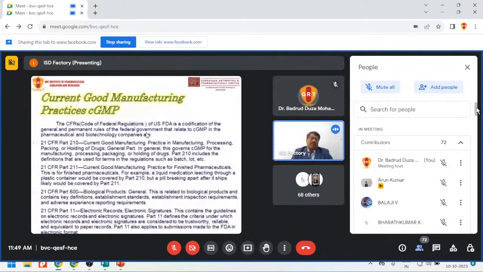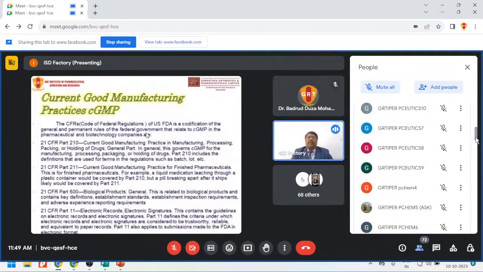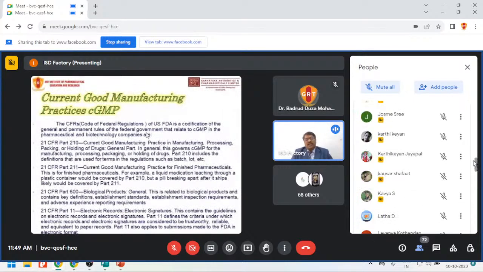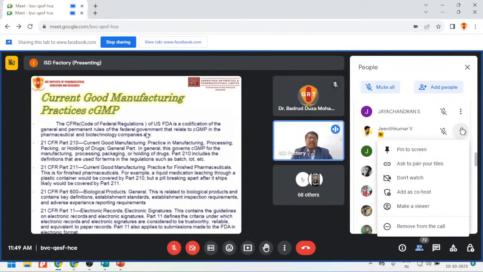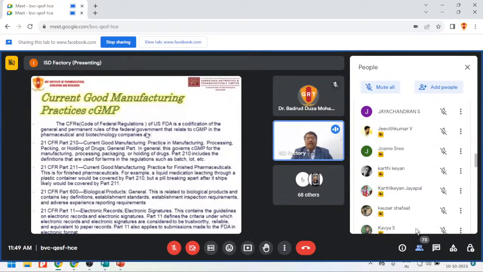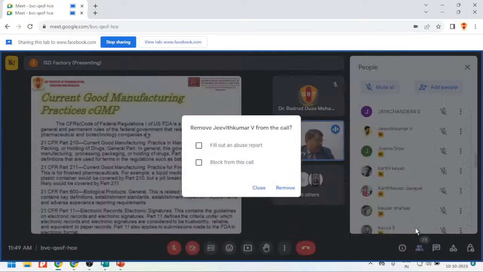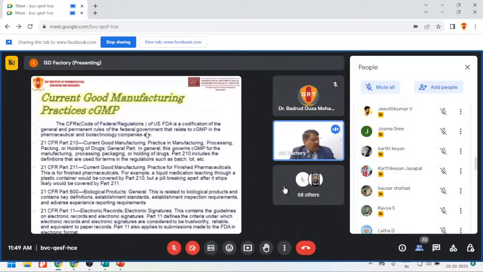Records are all managed by electronic signatures, and the criteria define under which electronic records and electronic signatures are considered trustworthy, reliable, and equivalent to paper records. Even the batch manufacturing records we are maintaining in electronic media only.